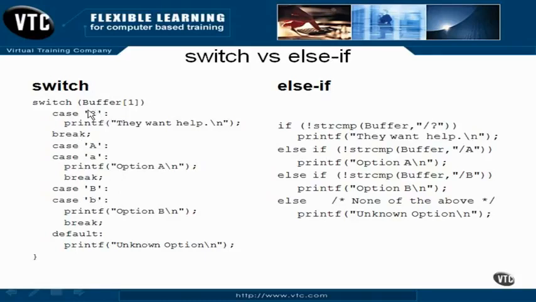If this question mark does not match our expression, notice that's a literal, single quotes around it. If this literal constant value right here does not match that, we'll go to the next one. And we'll look here, in case buffer 1 is a capital A, or in case buffer 1 is a lowercase a, do this, print option A. Now we didn't have that functionality over here.